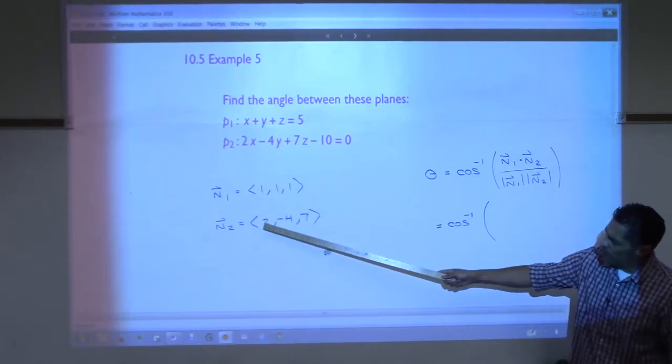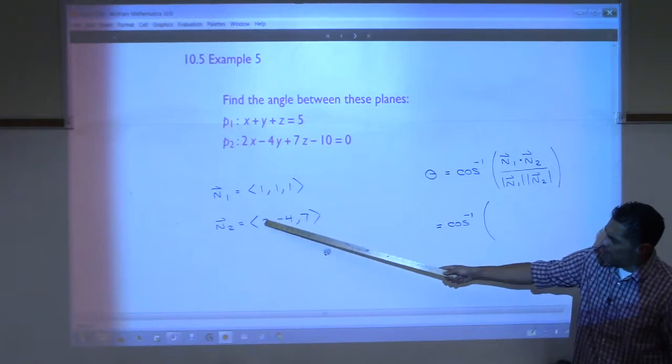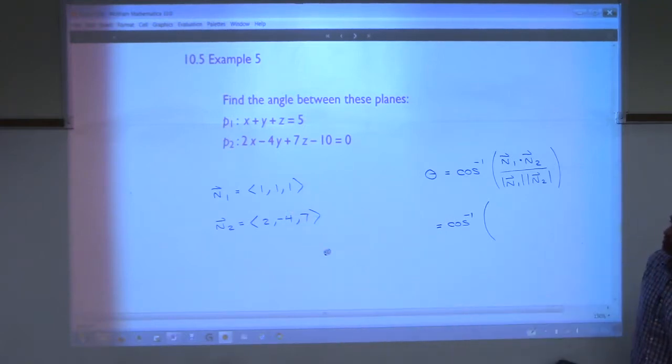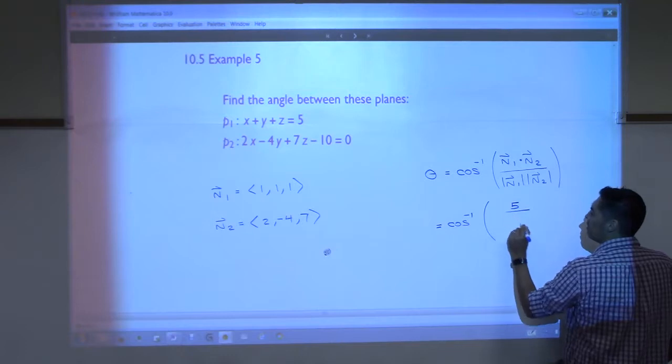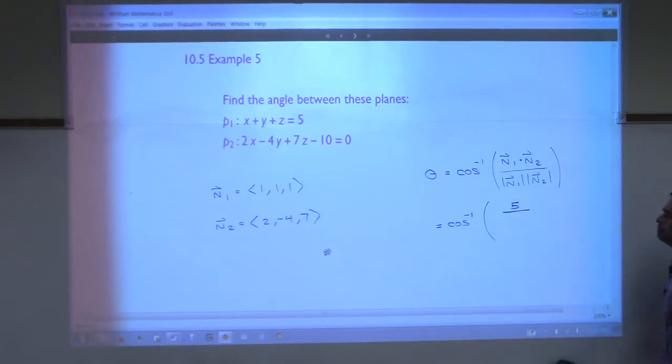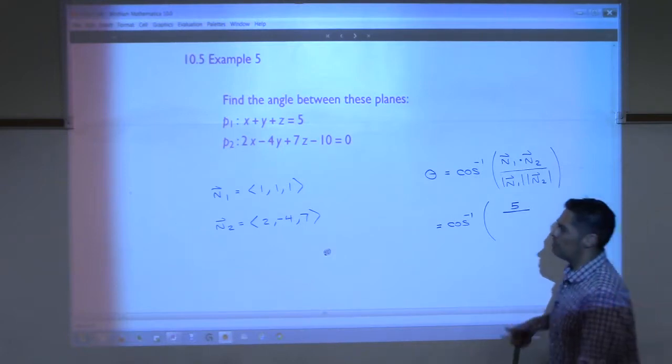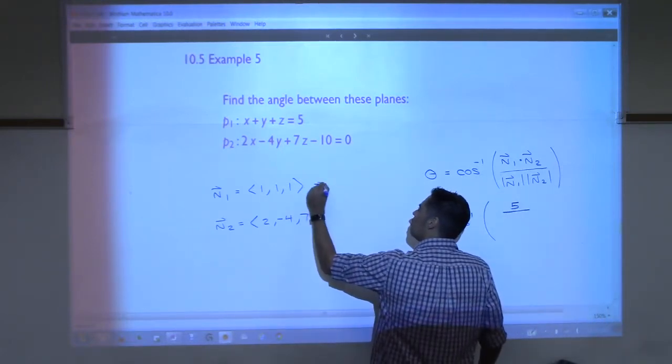So you're multiplying: that times that, plus that times that, plus that times that. So 5? You're doing 2 minus 4 plus 7. So you get 5 on top. And then you need the magnitude of each of these. So what's the magnitude of n1?